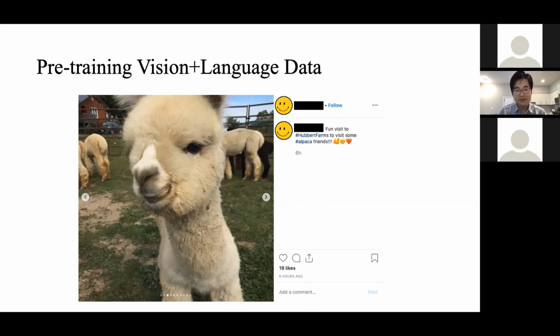But let's just focus on the general image content and the associated caption on the right-hand side. It said, fun visit to the harbor farms to visit some alpaca friends. Although this sentence is not perfectly describing the content, at least it's highly relevant to the image content. I would say this is a good pair.